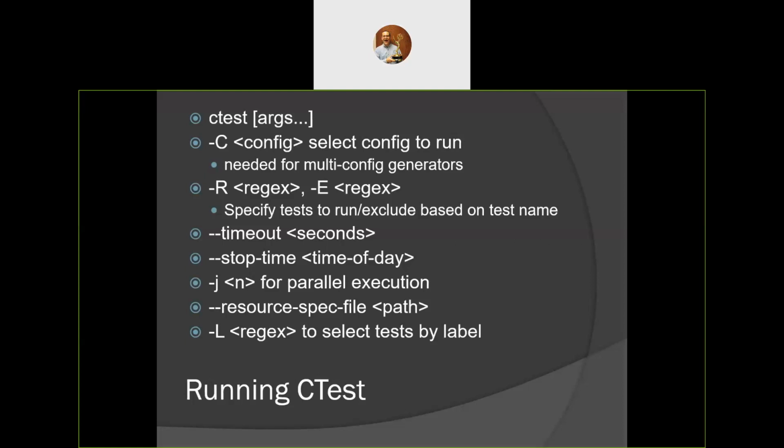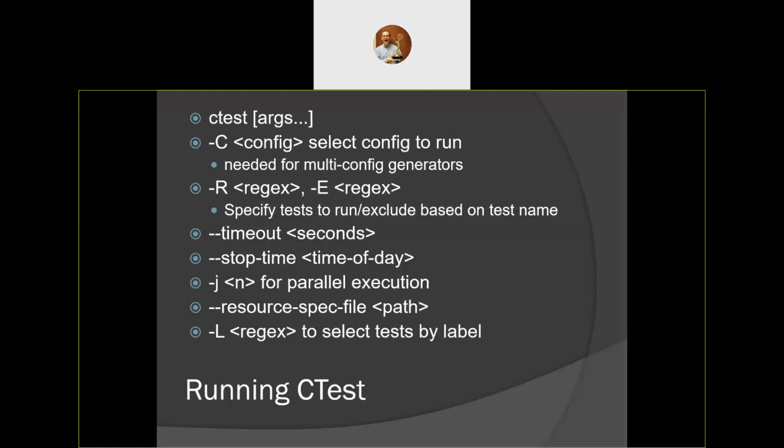Stop time is interesting. This is an argument which most likely you wouldn't use from the command line when you're invoking CTest manually, but if you're invoking CTest from some kind of automated system, say we've got a continuous integration machine, and that machine is running tests at night when people aren't working, and then when they come in the morning, we don't want the continuous integration machine to be bogged down running tests.